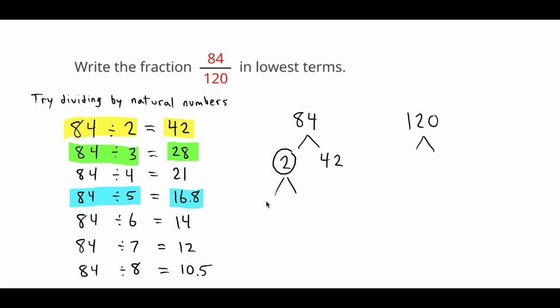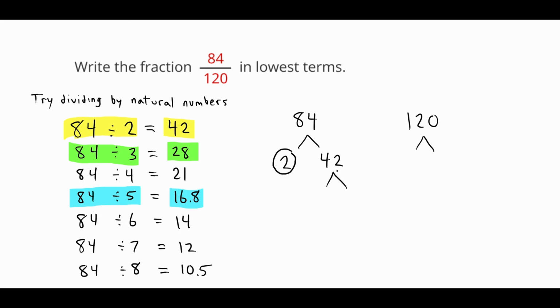It wouldn't be helpful to continue this tree because it could keep going forever, and there's really just no reason to do it, so we don't do that. We just stop whenever we get to a prime number. 42 is not prime though.